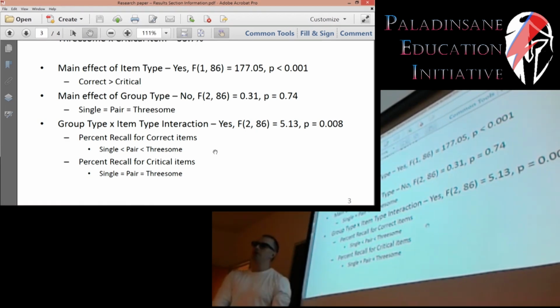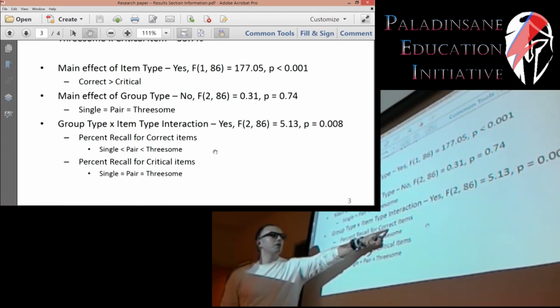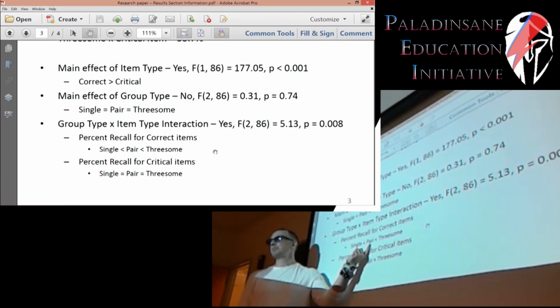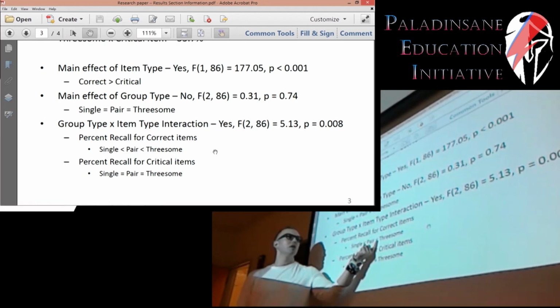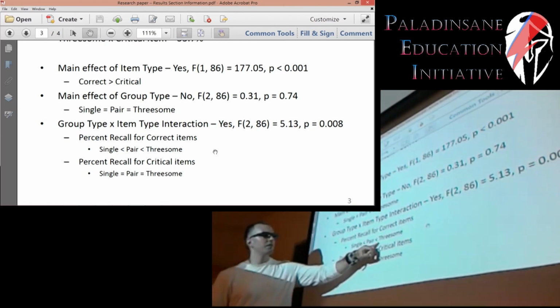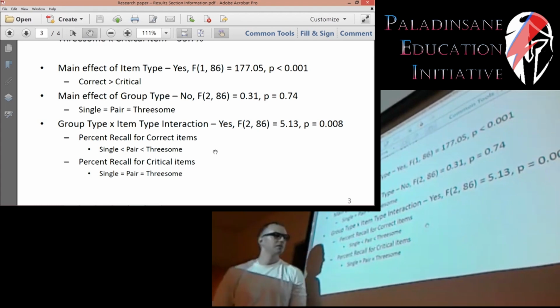There's a different story for real memories compared to false memories. So the percent recall for correct items, singles recalled fewer items than pairs did, and pairs recalled fewer correct items than groups of 3. So this effect here, recall increased as group size increased.